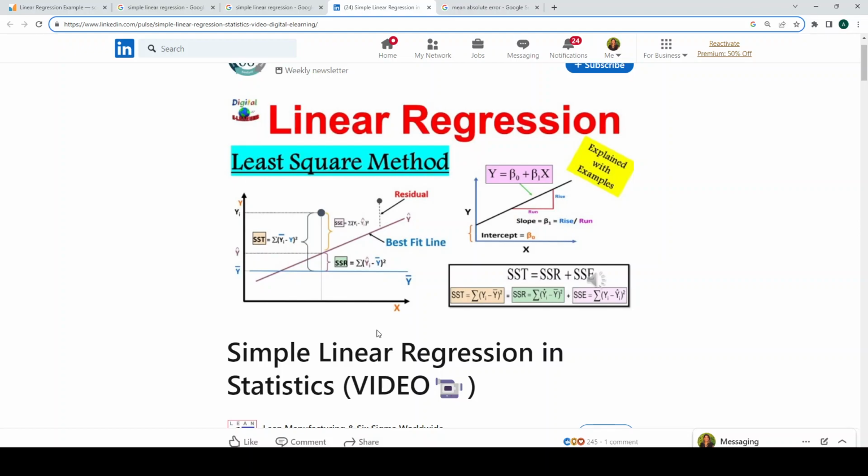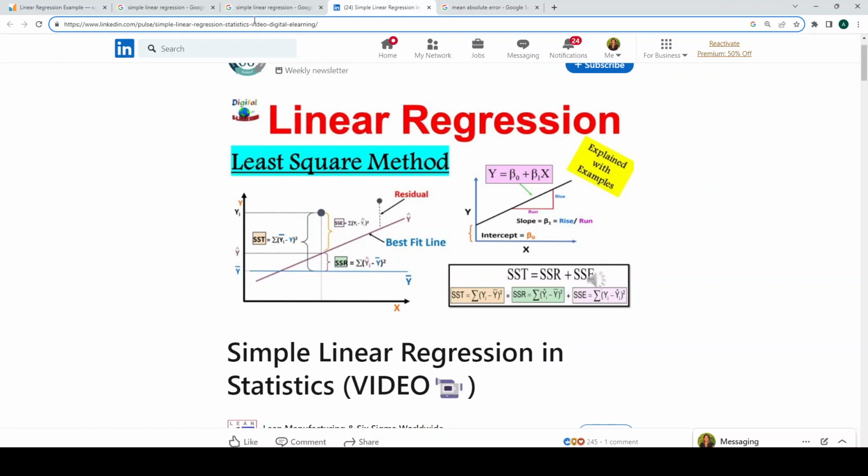For example, if R square is 1, it means that your model is doing a very good job in explaining the variation. But if R square is 0, it tells you that your model is not good. It is as good as doing an average and finding an average value. So that was in a nutshell to explain you the key concepts.